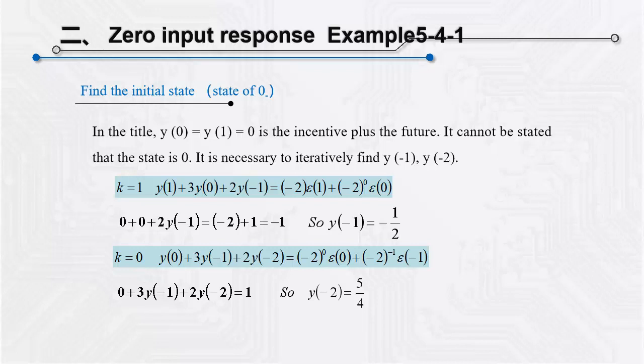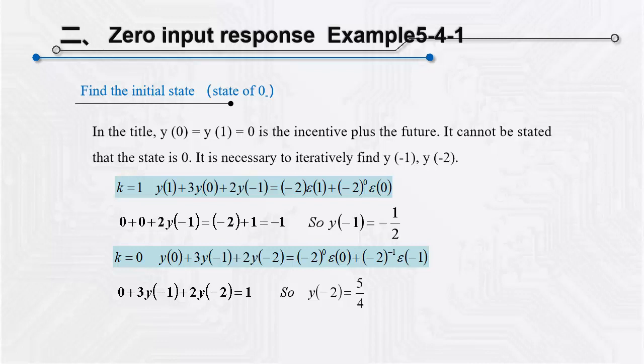We are given y(0) and y(1), which are the initial values of the full response. Therefore, we need to analyze the initial values accordingly. So, how do we get the initial state from the full response values y(0) and y(1)? Let's solve for the initial states y(-1) and y(-2).